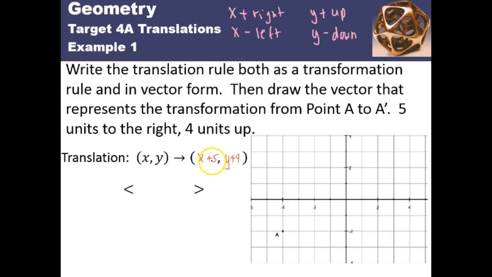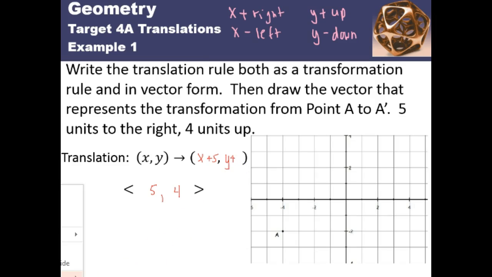And then when I put it in vector form, I just get rid of the x and the y. So this is a positive 5, and that has to be written first, and then a positive 4. And that 4 is a little messy. Let me erase it and fix it.